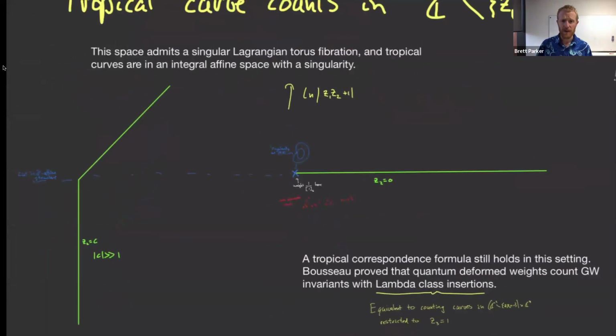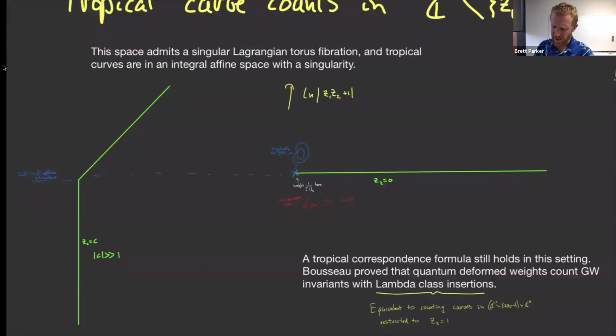Lagrangian torus fibration. The pictures I was drawing before had a kind of trivial torus fibration, so the fiber over every point was the circle directions in this C star squared.